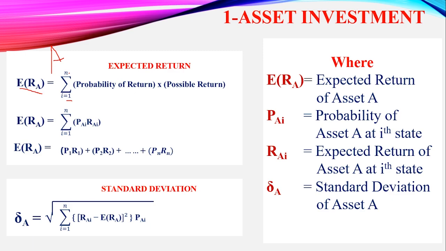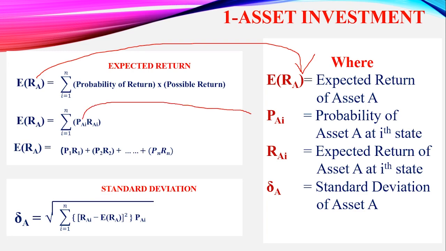That is, the expected return of A can also be given by the sum, sum means the total, of PAi multiplied by RAi. And what does this represent? The ERA here represents the expected return of asset A, and that is what we are calculating in this case. Then the PAi here represents the probability of asset A at either state. Remember, we can give the probabilities in different states.